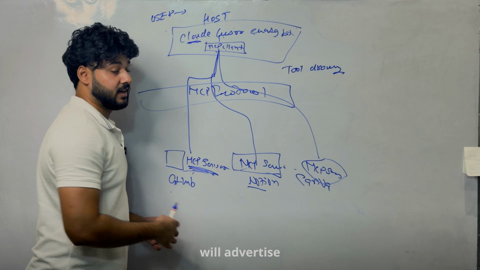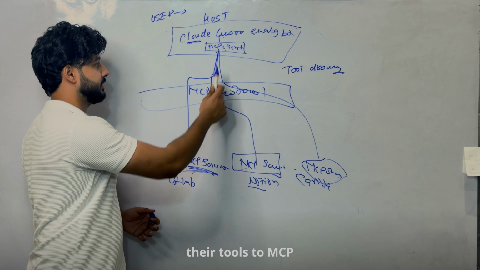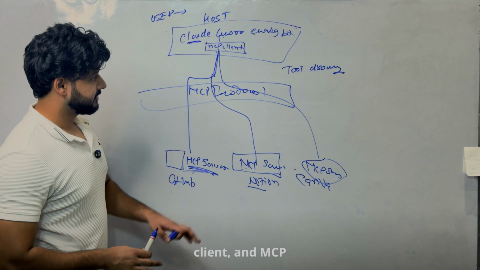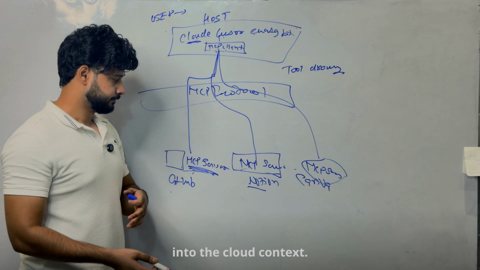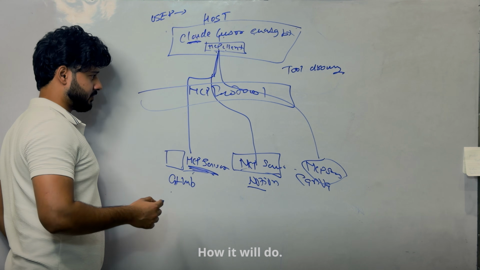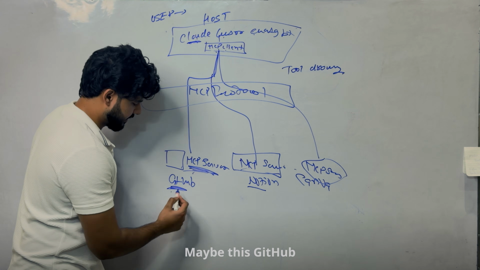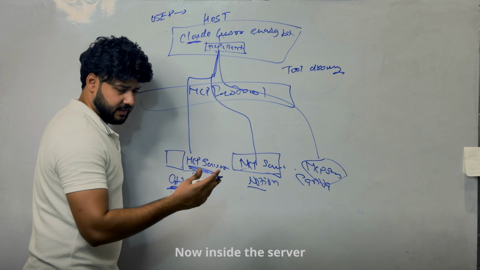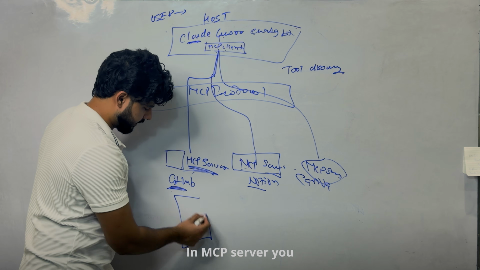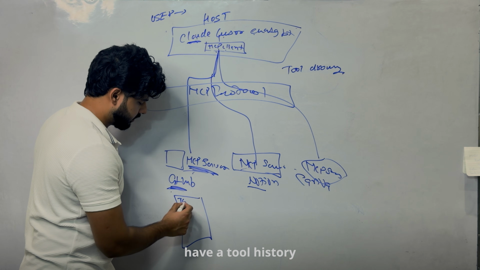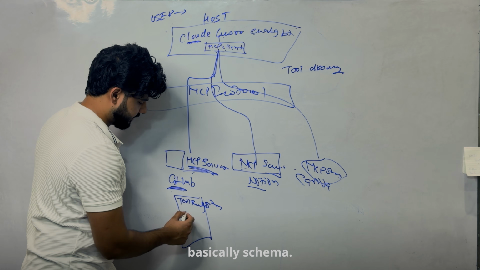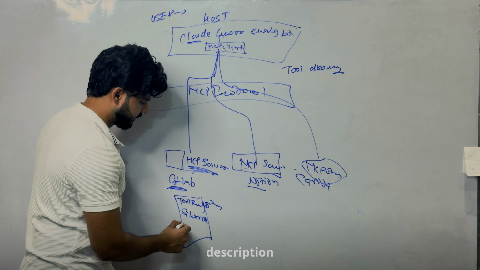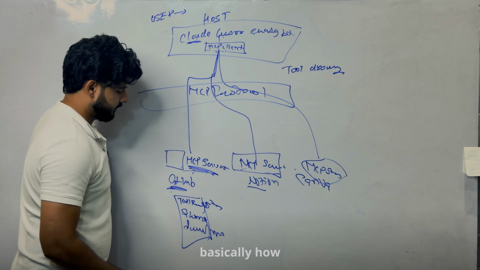All of them will advertise their tools to the MCP client, and the MCP client will inject those tools into Claude's context. How will it do that? Maybe this GitHub MCP server. Inside the server you have three things: a tool registry, then a schema, then a description.